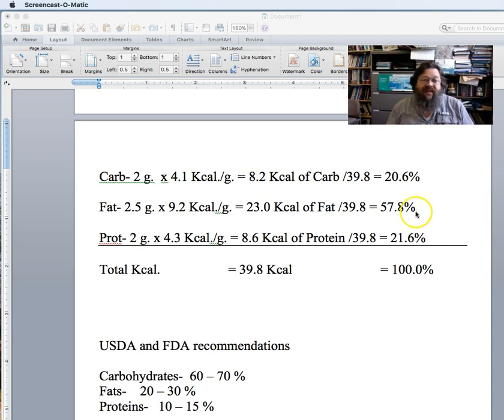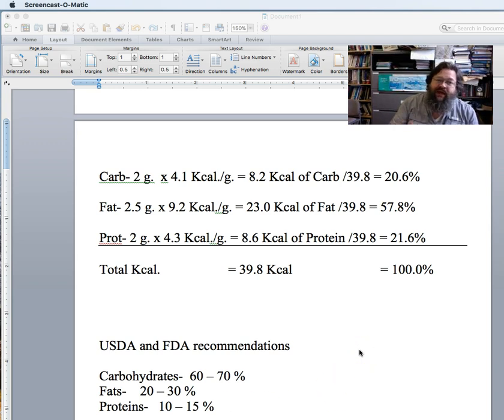Now notice that while this sour cream was labeled as light and 50% less fat, it actually has the majority of its calories from fat, far more than the target range of 20 to 30% suggested by the USDA and FDA. So even though this might have less fat than a normal sour cream, it is still a high-fat food item.